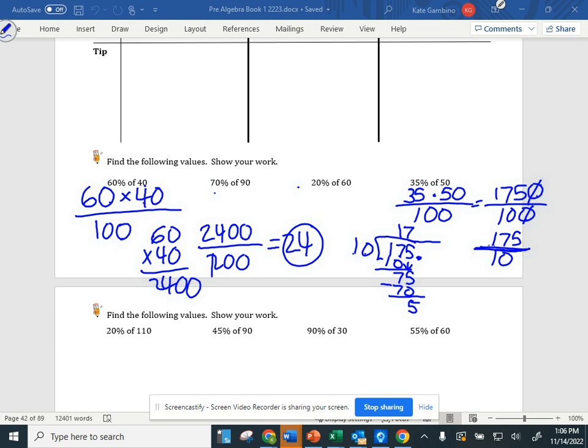We don't want remainders anymore. We're in big kid math. So we're going to make sure we divide it all the way down. So if I put a decimal here, I'm going to put a 0 and bring my 0 down, and that becomes 50. So my decimal goes straight up. 10 goes into 50 5 times. 50 minus 50 gives me that 0. So my answer is 17.5.